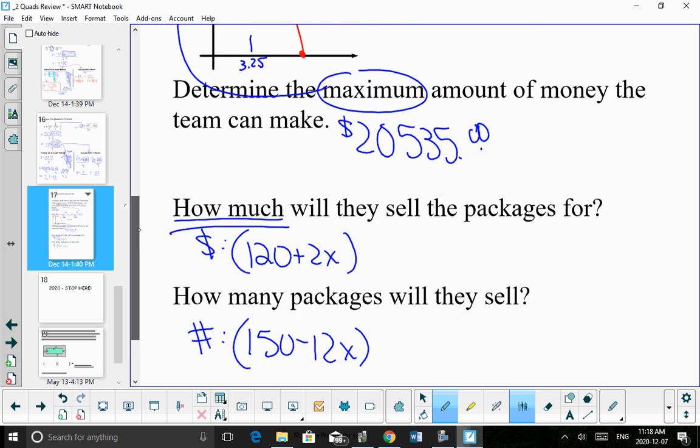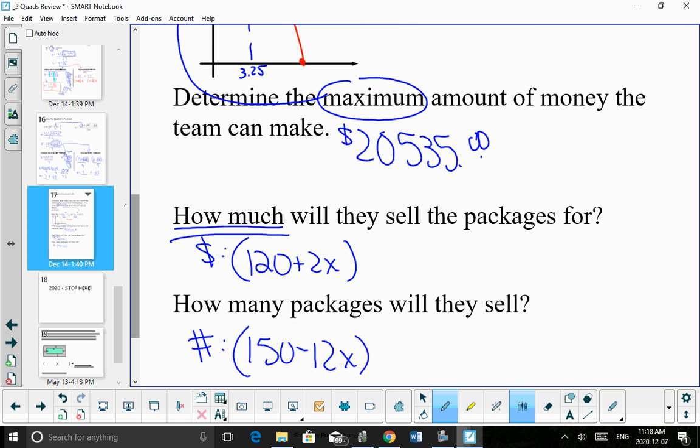Now, from right here, I know what x is. x is 3.25. So on my calculator, I'm just going to go 120 plus 20 times 3.25. And here, I'm going to go 150 minus 12 times 3.25.